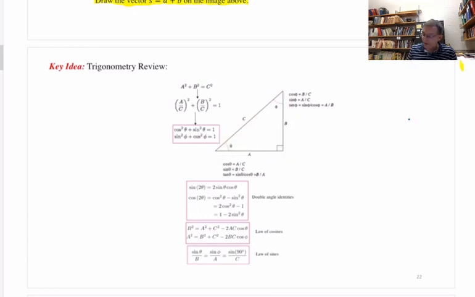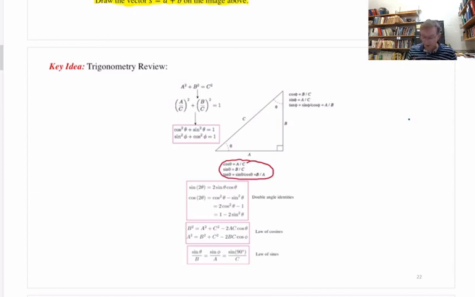Okay? All right. Let me now remind you of the definitions of the three key trig functions. The three key trig functions we're going to use are cosine, sine, and tangent. Remember those? We're going to use them. Let's focus on the angle theta down in the lower left. Here are the definitions: cosine theta, sine theta, and tangent theta.